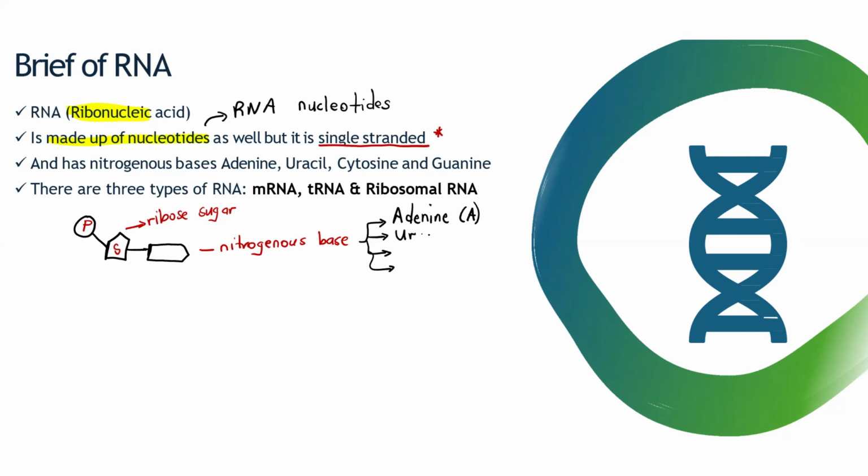Instead of what? Instead of thymine, we have got uracil. And then what is the other nitrogenous base that we can have? Cytosine. We can have cytosine as well as guanine. So basically, these are the 4 nitrogenous bases that we have on an RNA nucleotide. Okay, cytosine is still C, guanine is still G.